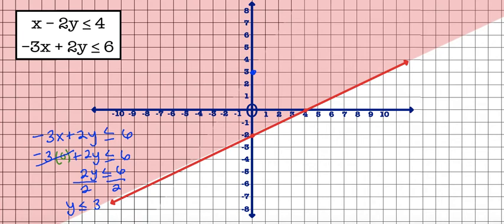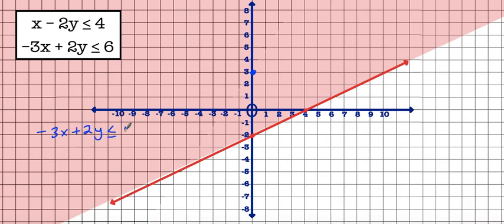And now we're going to find our x-intercept. So negative 3x plus 2y is less than or equal to 6. And now we're going to substitute y for 0. So negative 3x plus 2 times 0 is less than or equal to 6. So this cancels out.